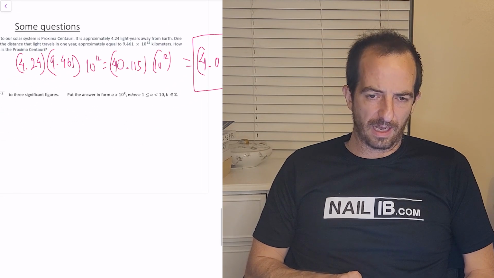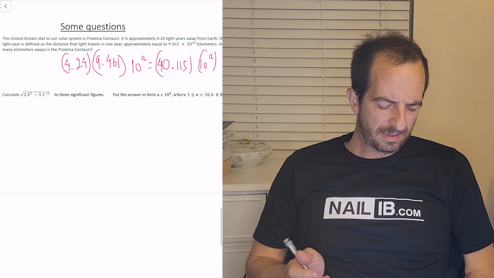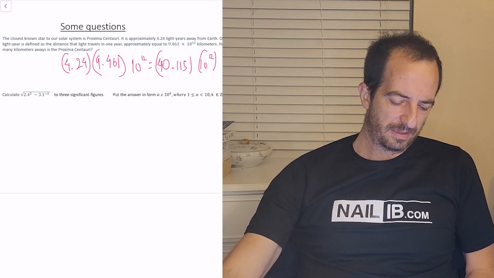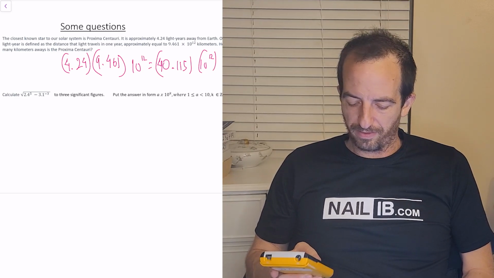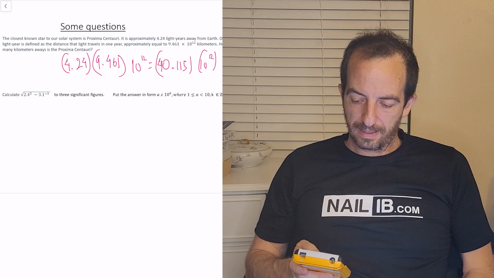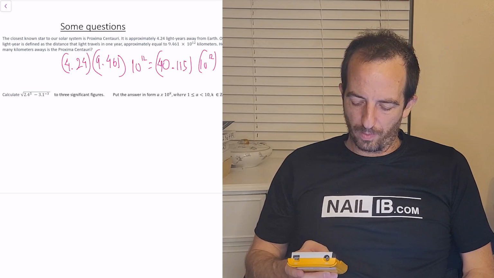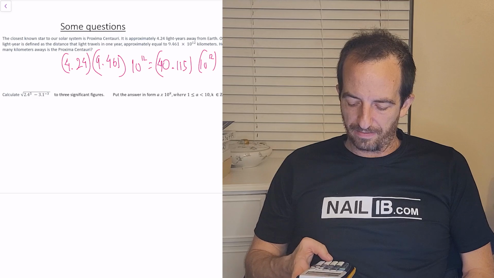And then I guess for the last problem here, we just have a simple calculation. Let's see, it is 2.4 to the 5th power, take away 3.1 to the negative 3.